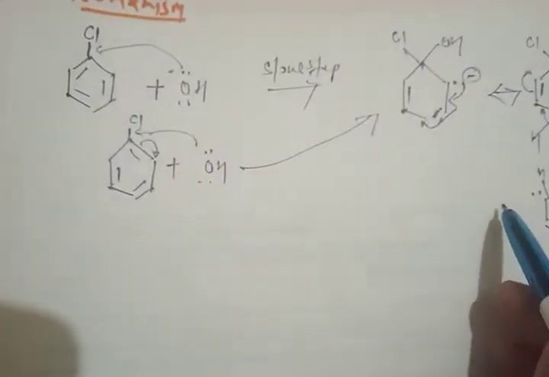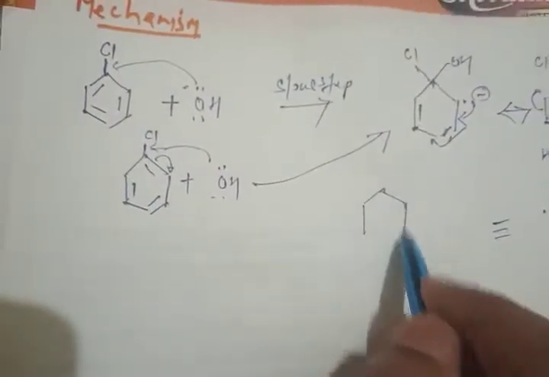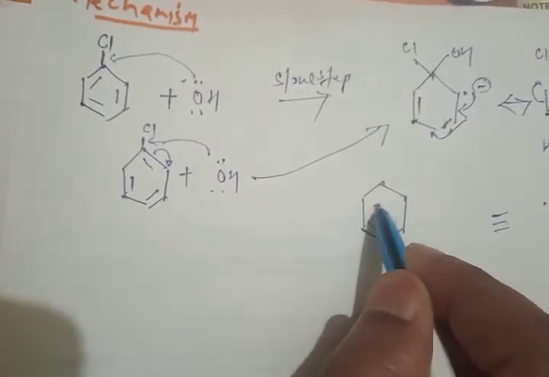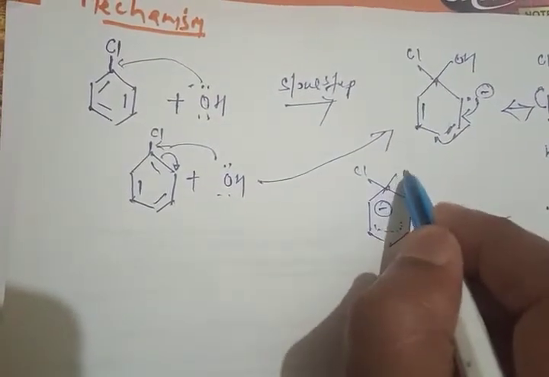So finally we will have a resonating structure in the carbanion, negative charge, Cl and OH.